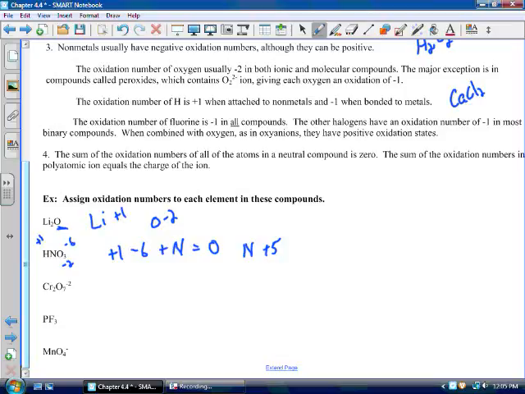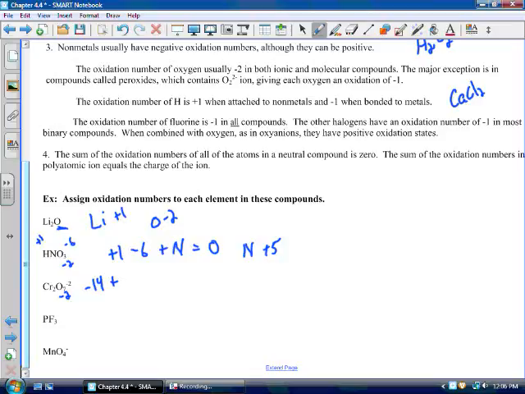In our next example, we look at a particle, and it's different than the others we've seen so far because it has a charge attached to it. It has a -2. Now, in this particle, all the things must add to that charge. Oxygen, we know, is -2. Therefore, it's a total of -14. Now, chromium can have multiple charges. It can be 3, it can be 6, it can be 2.